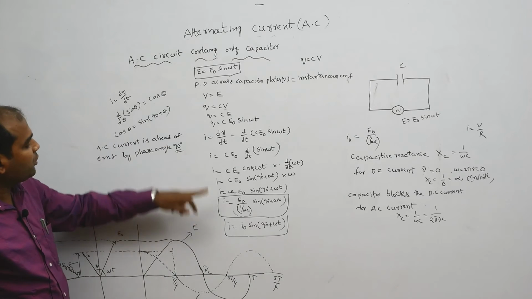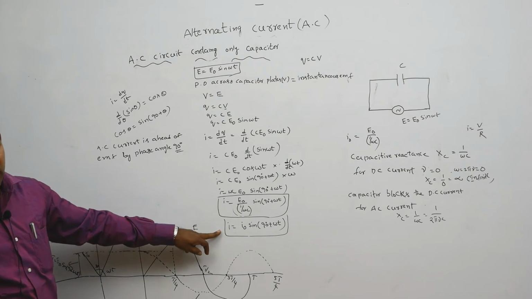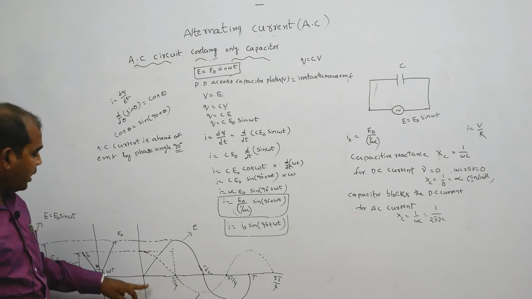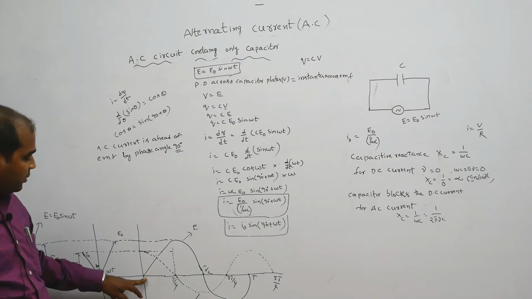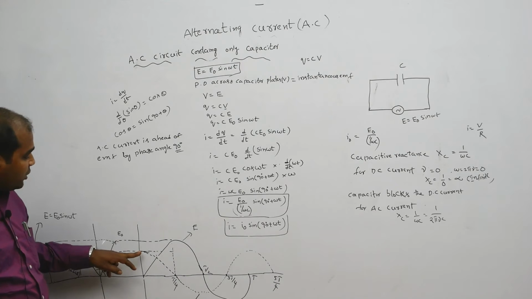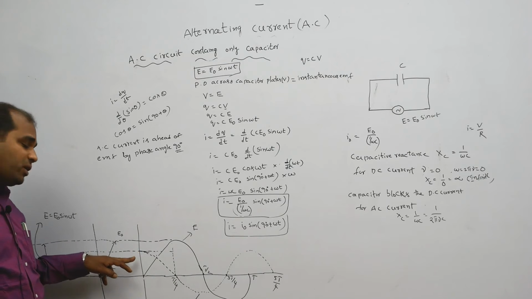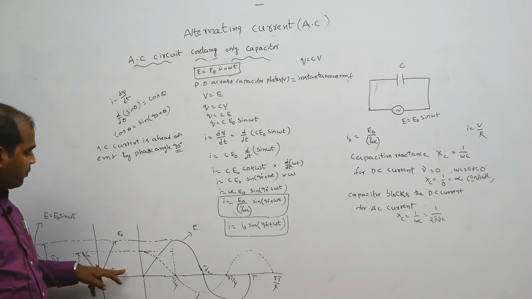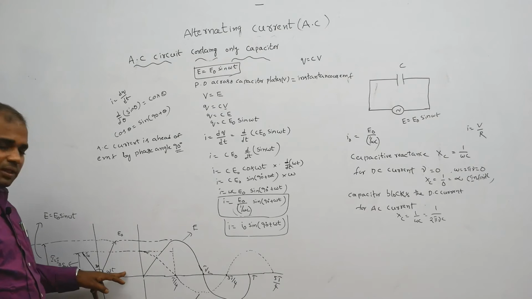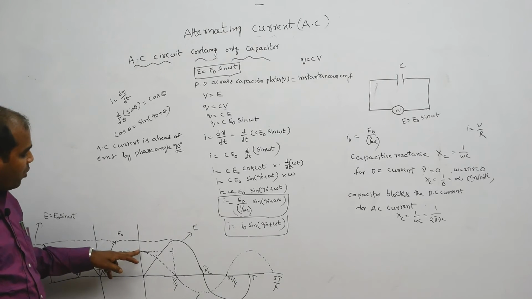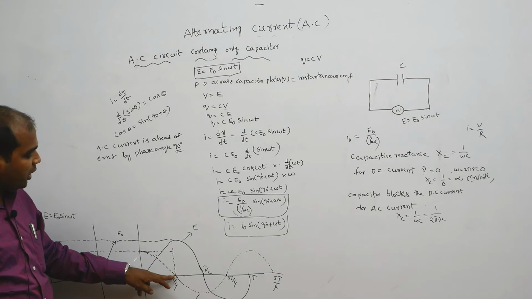Based on these two expressions, the current is ahead by 90 degrees. The current has already completed 90 degrees of phase, a quarter cycle, when the EMF starts its curve. So the remaining quarter of the positive half cycle starts from maximum and becomes 0 at T by 4.